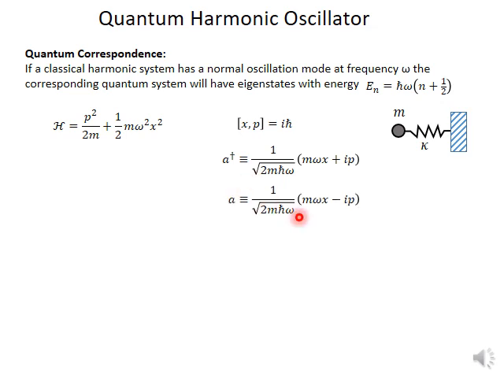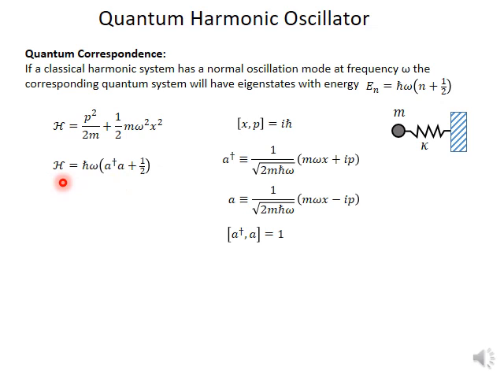I can also construct a conjugate operator a in this way. These two operators do not commute with each other, but they have a nice property: you can rewrite this Hamiltonian using these two operators in a much simpler form, and that form is something like this.